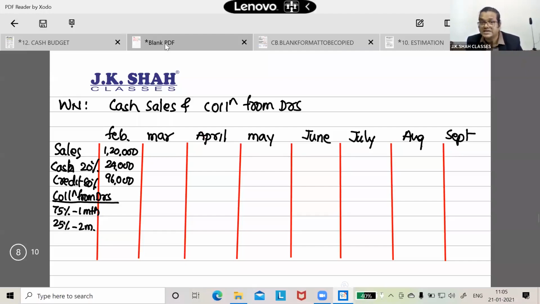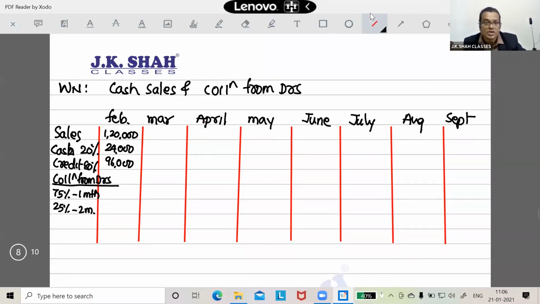Out of this 96,000, 24 4s are 96, so 24 3s are 72. Okay. So out of this, you know what will happen? 75%. That is how much? 72,000 will come in March. Correct? And then the remaining 24,000 will come in when? Will come in April. And that's why I made this.